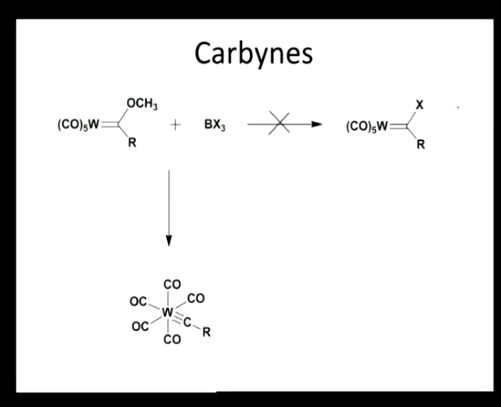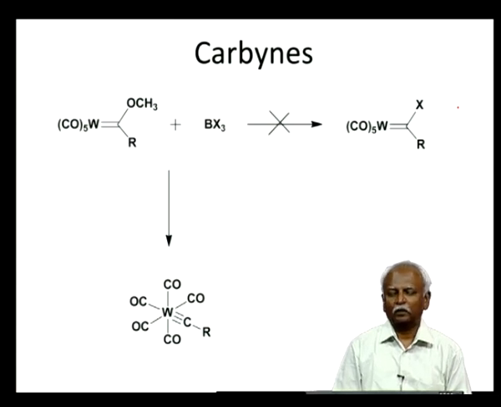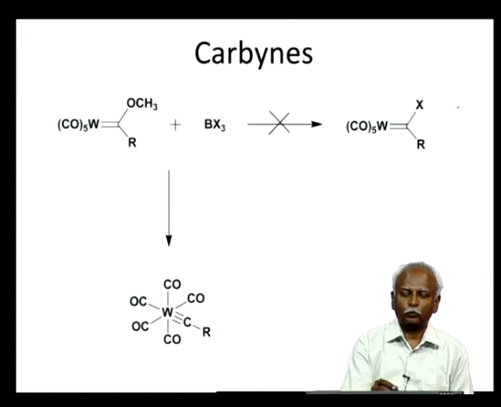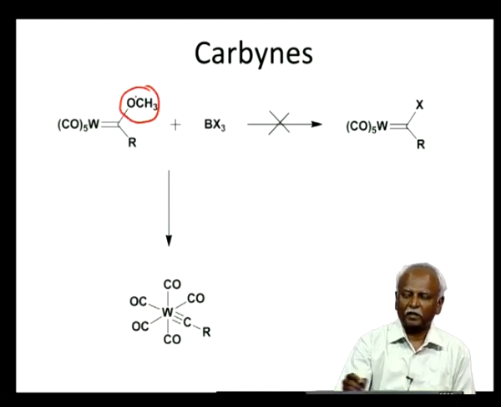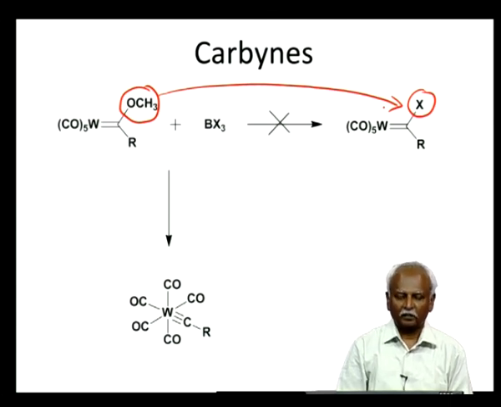This was accidentally discovered, and the reaction of the Fischer carbene with BX3 or a trihalo boron molecule BX3, BCl3 or BBr3 led, instead of a substitution of this OCH3 by the X group, to elimination of the OCH3, leading to the formation of a Carbyne complex.